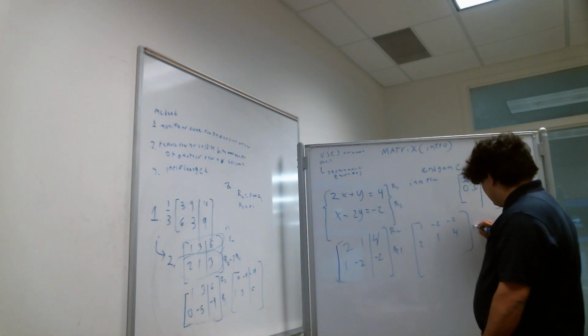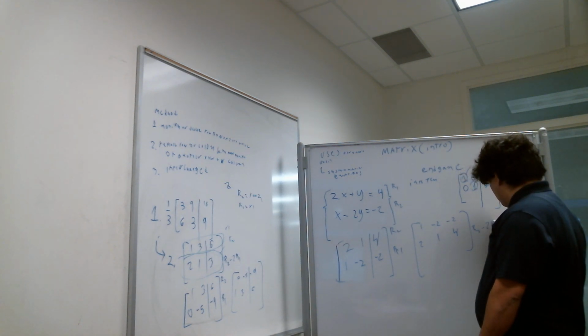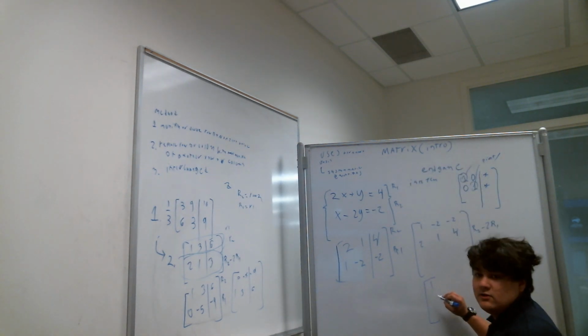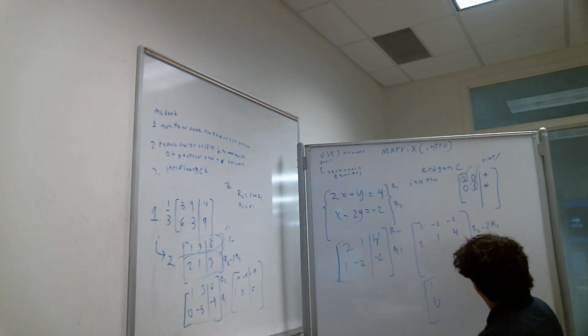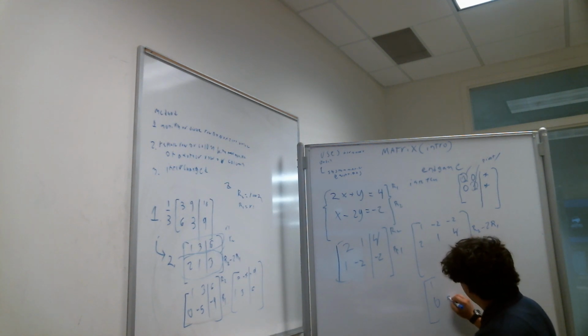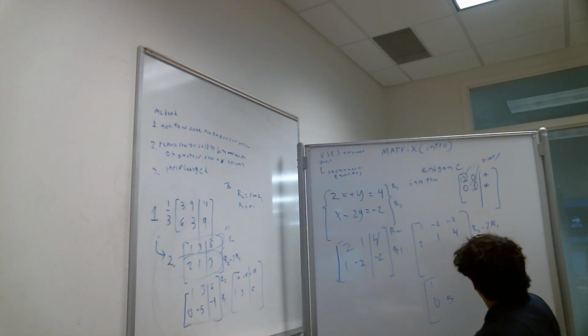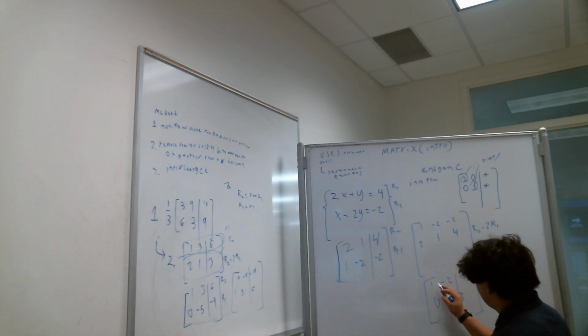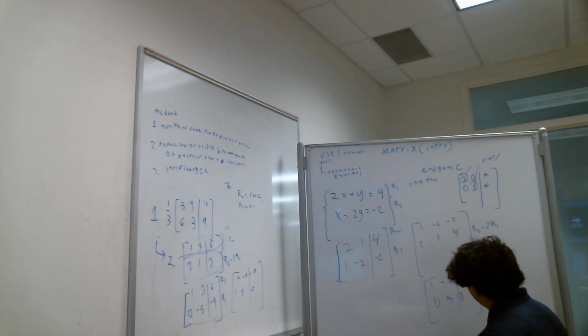Now you get R2 minus 2R1, and ideally you get 0 right there. That ends up being 5, and then 4 minus, that ends up being 8, negative 2, and the 1 stays the same. These are the little outcomes you get.